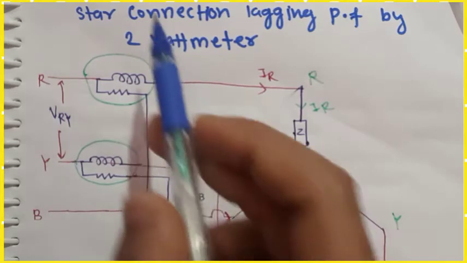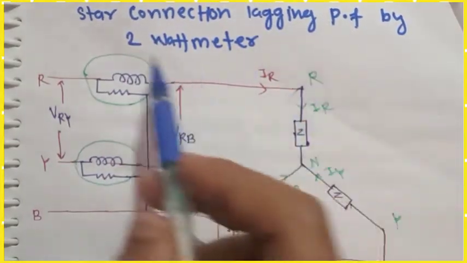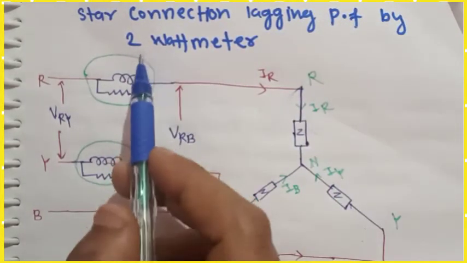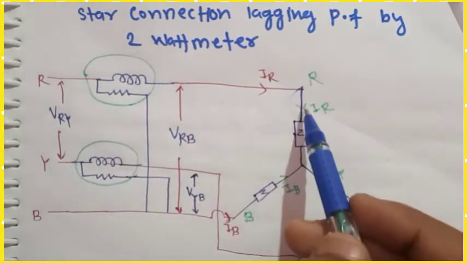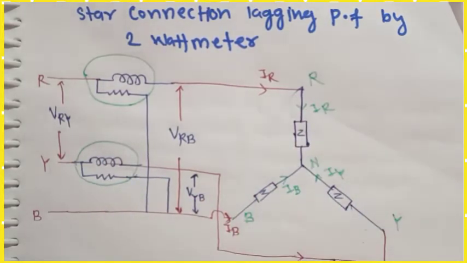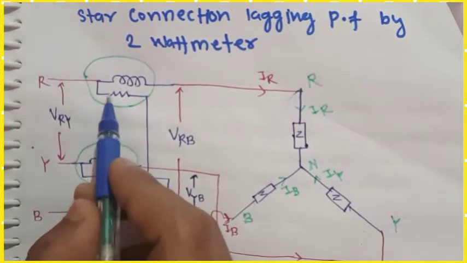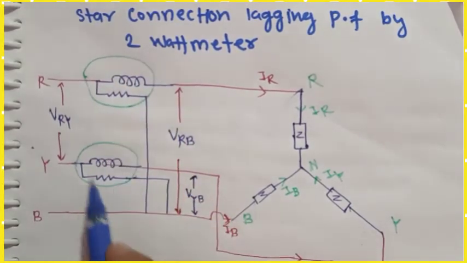Friends, here we will see star connection lagging power factor by the 2 wattmeter method. It means we will need 2 wattmeters for a 3-phase balanced system. So this is wattmeter 1 and this is wattmeter 2.